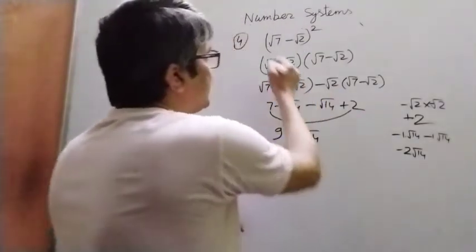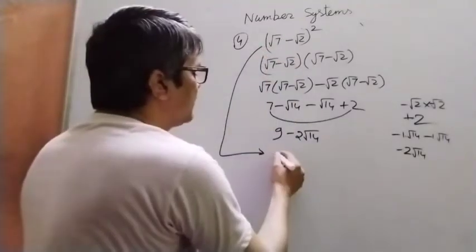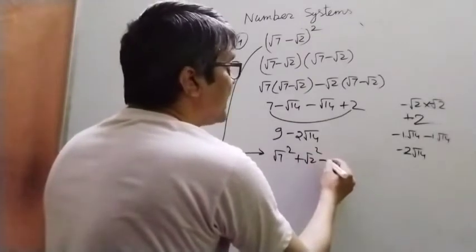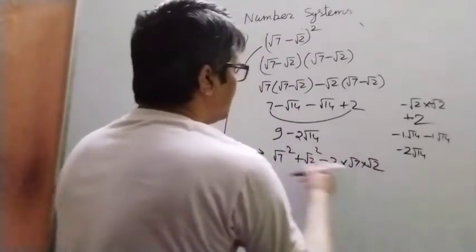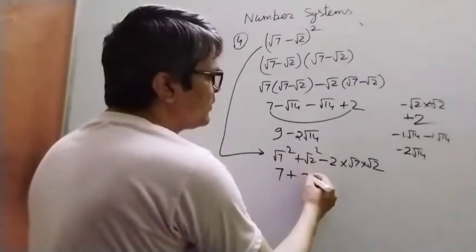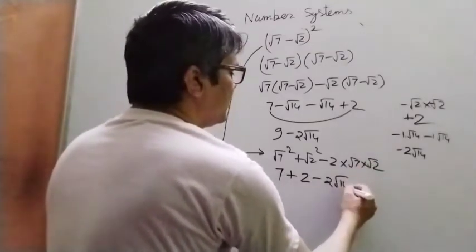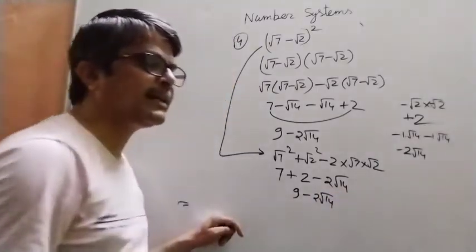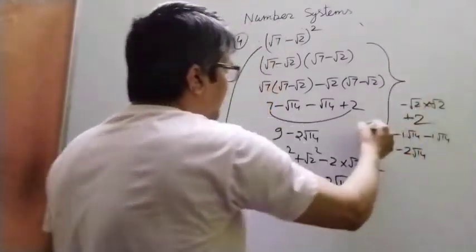Suppose any student is applying the formula. Formula is A square plus B square minus 2AB. So root 7 square 7, root 2 square 2, minus 2 under root 7 into under root 2. You will get the same answer with the help of the identity. But you must know the procedure, how it is multiplied.